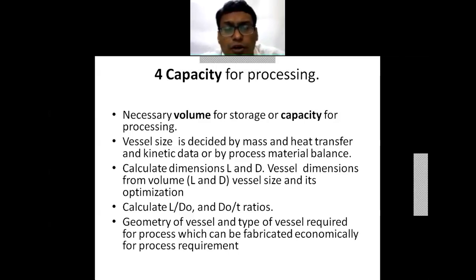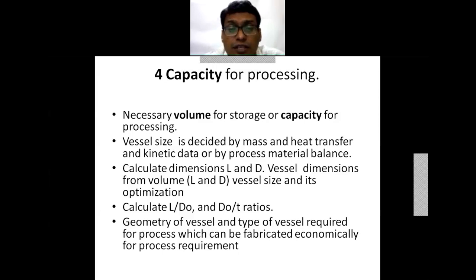And once this volume is decided, then and only then the fabrication details can be studied or taken into consideration. Then they calculate the dimensions of that vessel, that is, the length and the diameter of that vessel will be decided based on the availability of the different accessories which will be attached to that vessel.